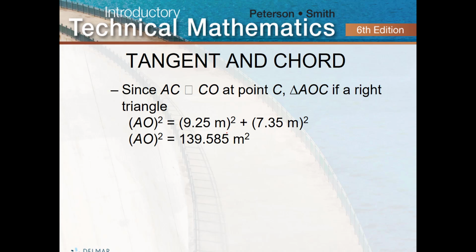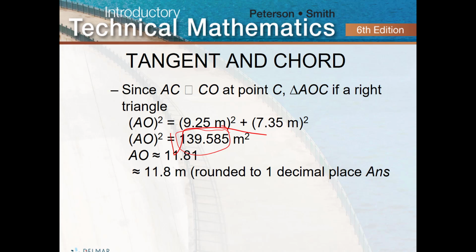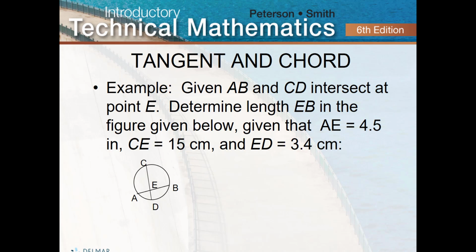That gives us 139.585 meters squared. But now we need to do the square root of that. And that's approximately 11.8 meters, rounded to one decimal place. And on the test, or before the test, I'll indicate how many decimal places you should go on any given test.